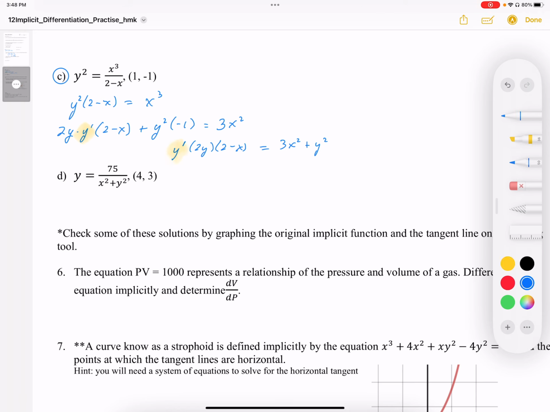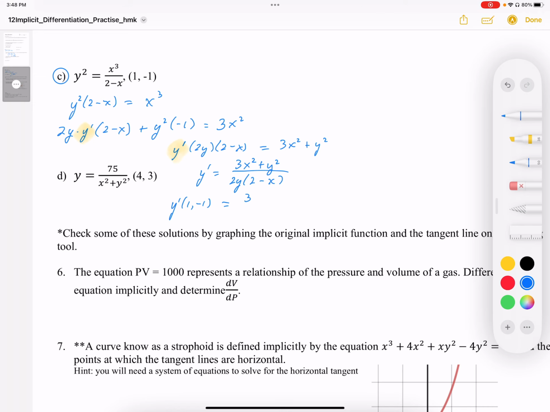And solving for my y prime, I get y prime is equal to 3x squared plus 1y squared divided by 2y times 2 minus x. So there's my derivative. So I need slope, so I'm going to calculate my slope. I'm going to plug in x is 1, y is negative 1.